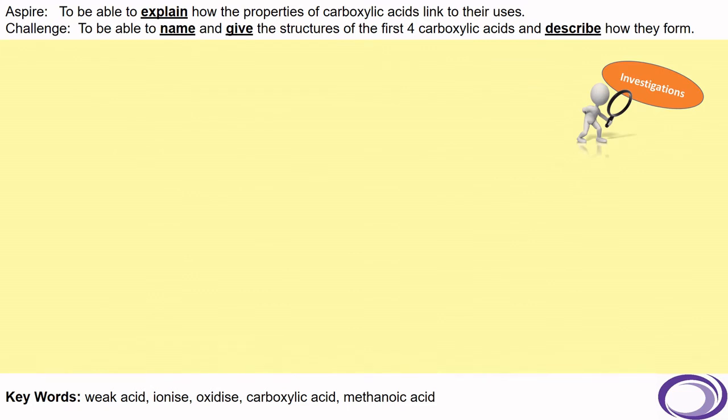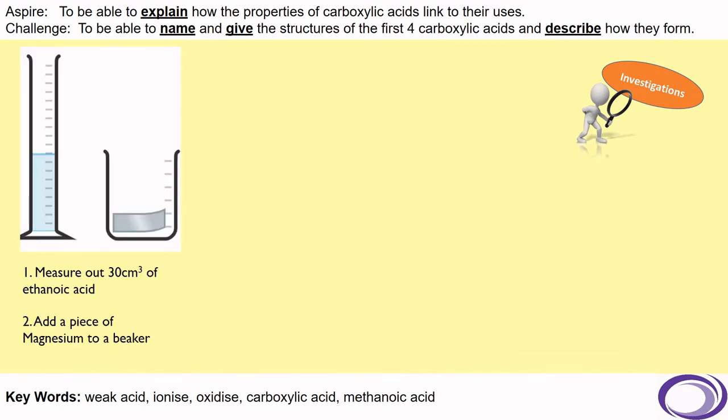So there is an experiment you could do that is linked to carboxylic acids, and it's one that they commonly ask about in exams, and it's about comparing carboxylic acids to strong acids such as hydrochloric. So the thing we would do is we would measure out a fixed volume of ethanoic acid or any other carboxylic acid and add a piece of magnesium into a beaker.